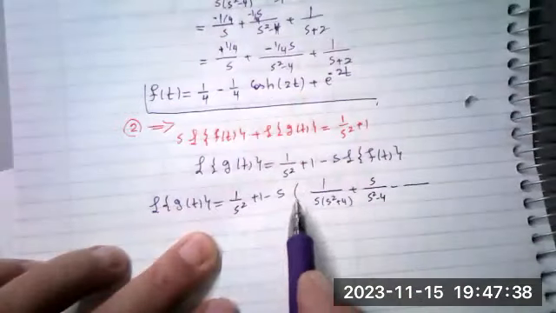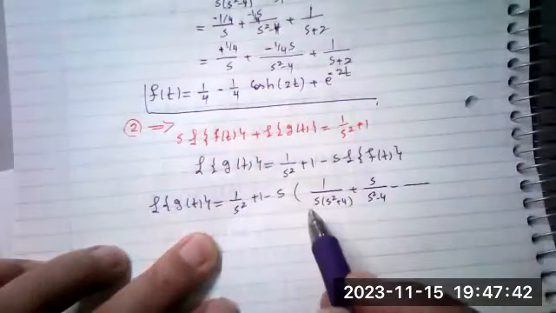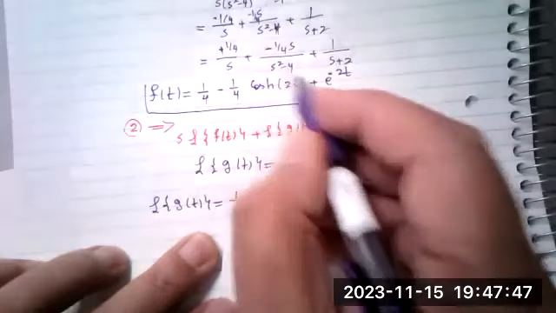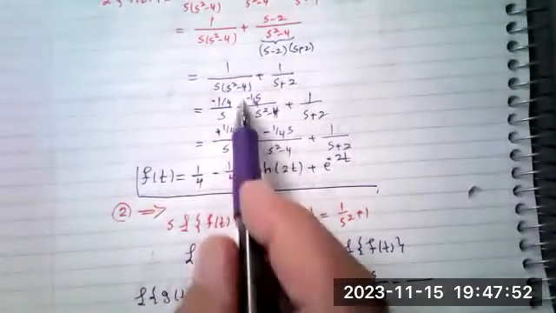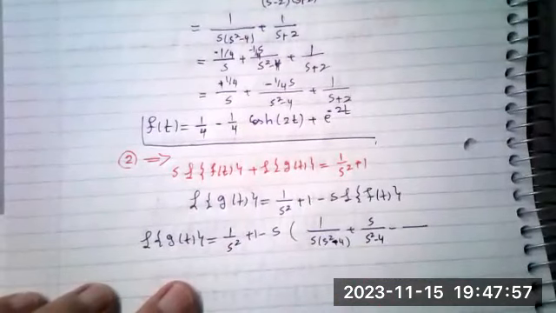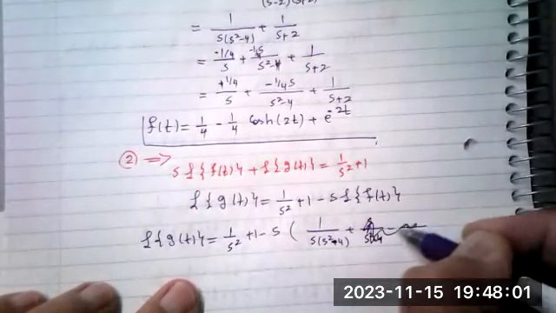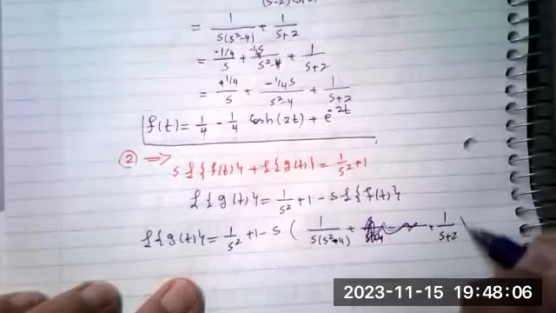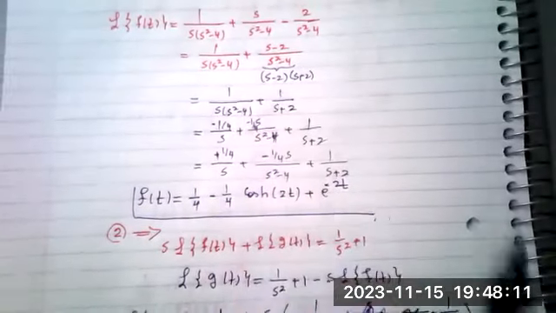Sorry, I simplified a little bit. The simplest form is the one that we did: 1 over s squared minus 4, plus 1 over s plus 2, because we simplified to get this part.